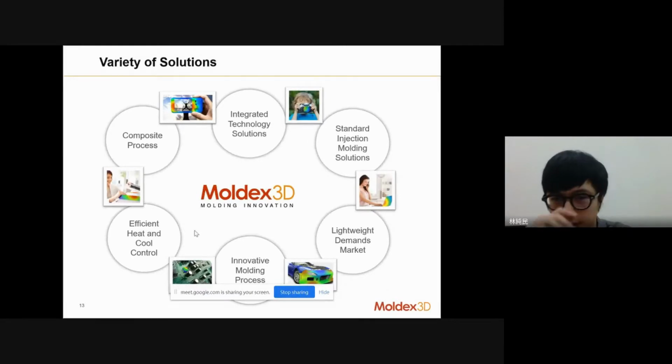So that's why we always cooperate with the IC package customers, for long-term collaboration. And efficient heat and cool control, because during the manufacture of injection molding, you need to focus on how to adjust not only the temperature but the pressure, because we have to melt our plastic before it is injected into our mold. So we have to control the temperature very carefully, and also the composite process.